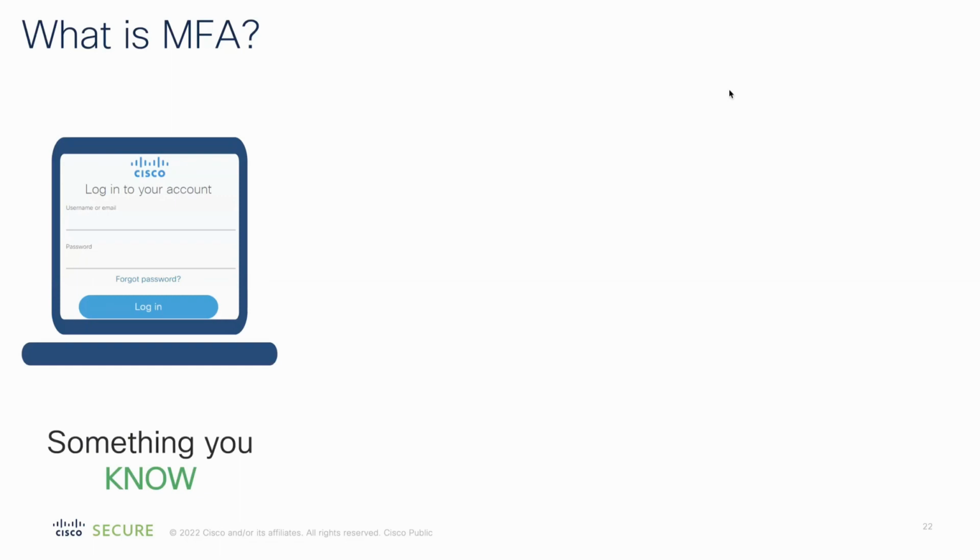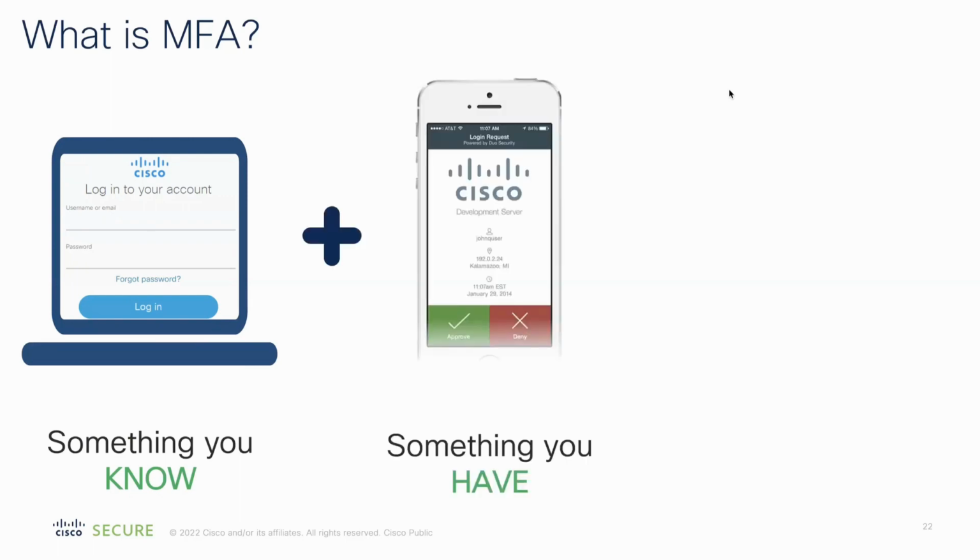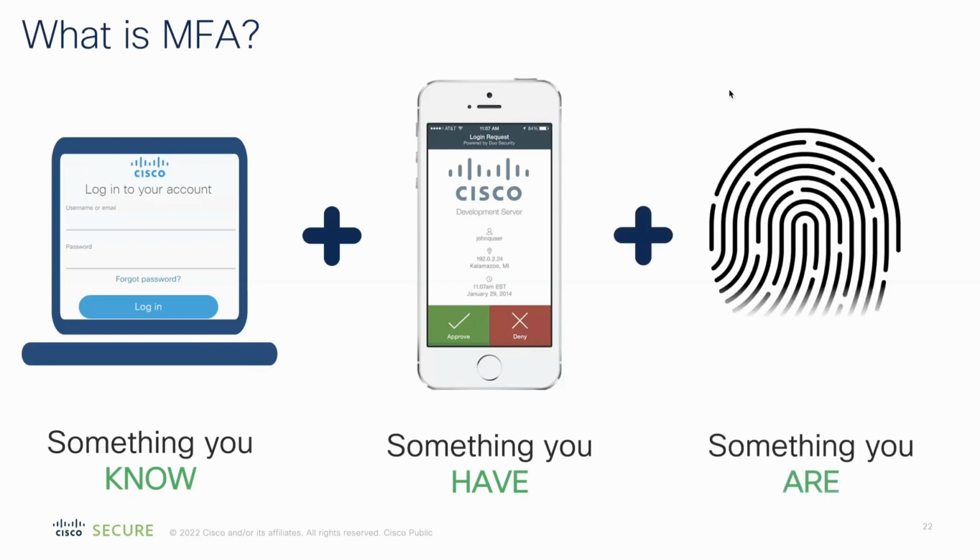Apart from the earlier concept of credentials-based authentication alone, you can protect the application and the login process with something you have, like passcodes, pass tokens, or even push notifications, which is what Duo offers, or something you are, like a fingerprint or a retina scanner.